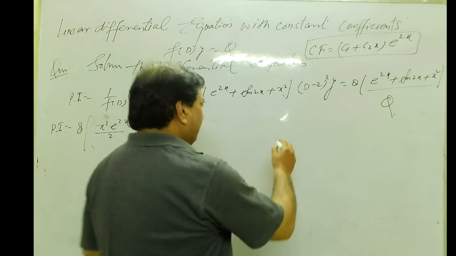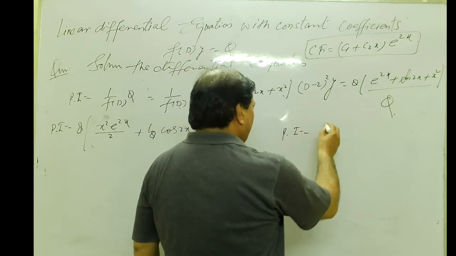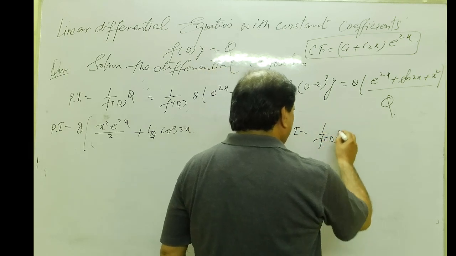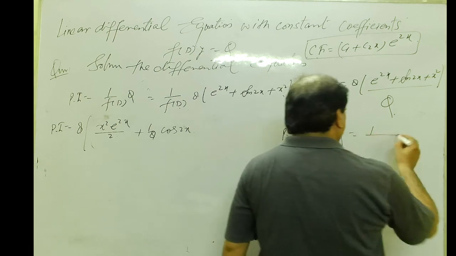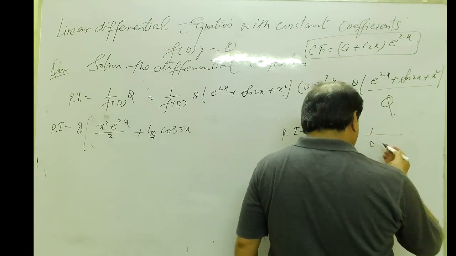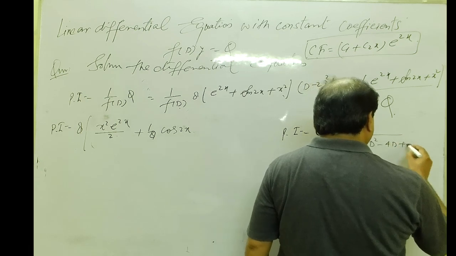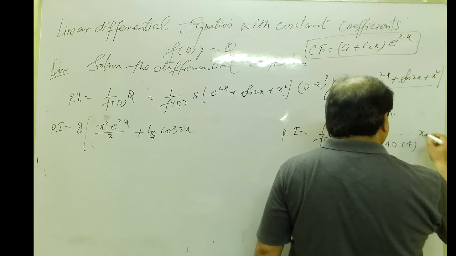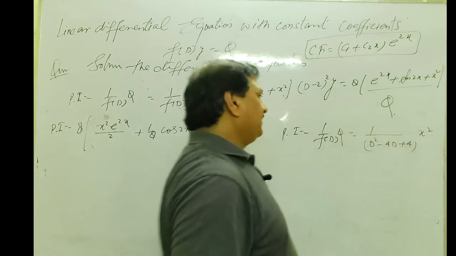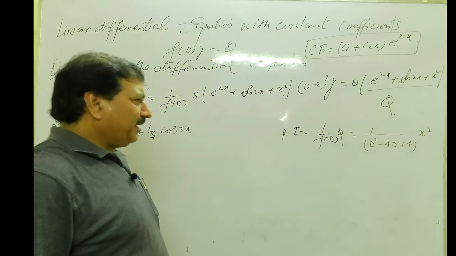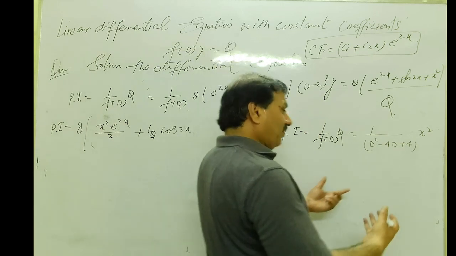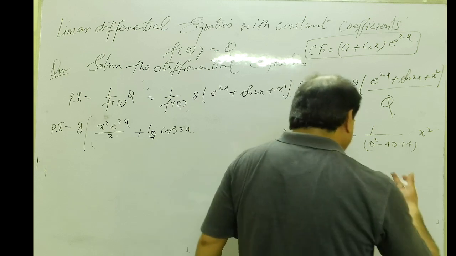In this case, the particular integral is 1 upon f(D) times Q, that means 1 upon (D minus 2) whole squared, or D² minus 4D plus 4, applied to x². This is a second-degree polynomial. The theory for these terms was already discussed in another video.